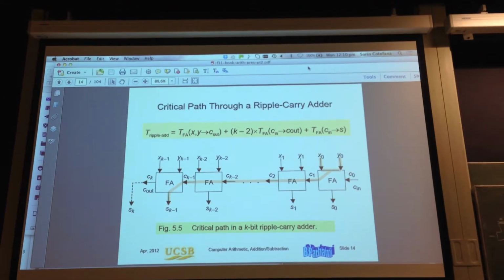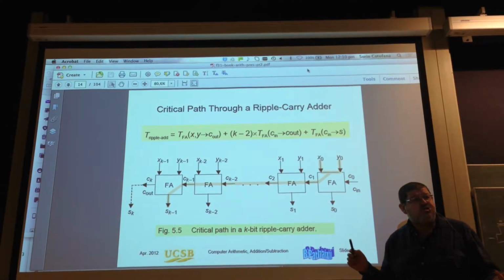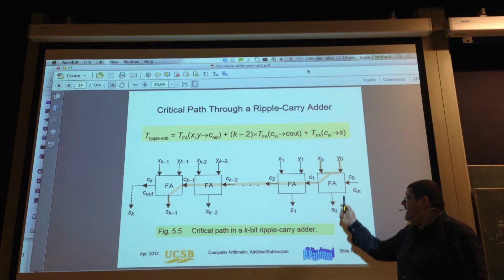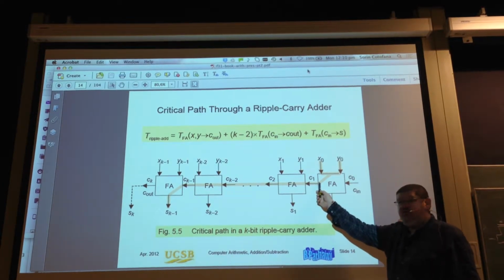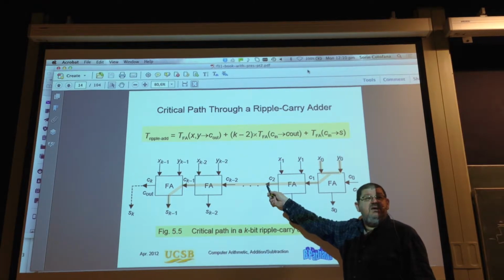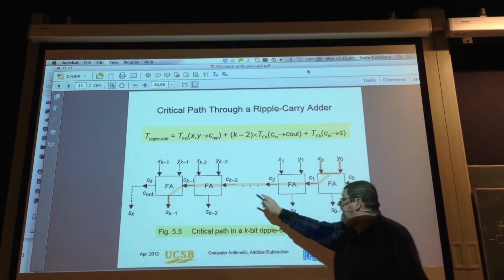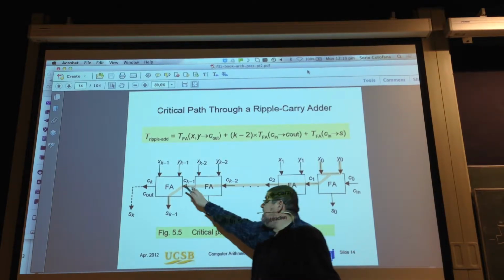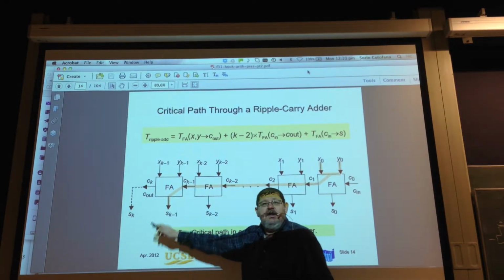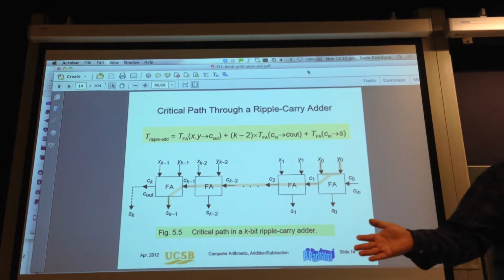But I also see that this is not always true. I may have a carry getting from here, and it may be absorbed here and will not travel further. And then the calculation will finish here before, and then I may have another carry from here, which will get to this point. Then this is the worst case for the ripple carry adder.